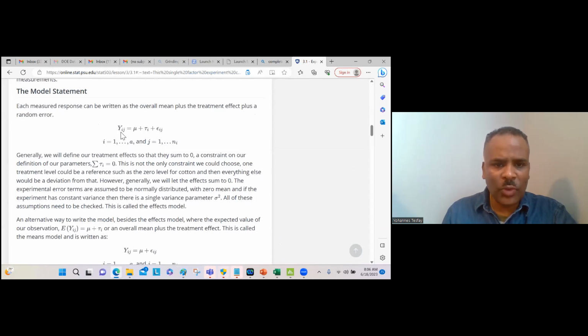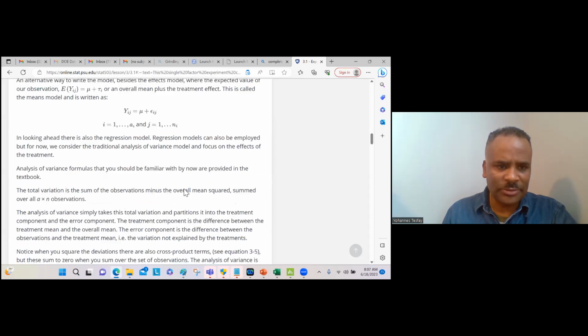So the model Y_ij, i represents 1 to A. That is the A levels of treatment, and j is from 1 to n_i. So each n_i is the representation of replication.